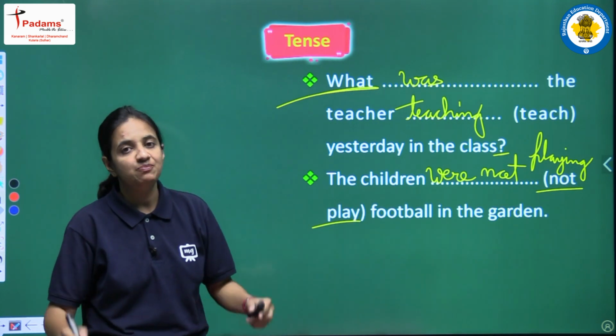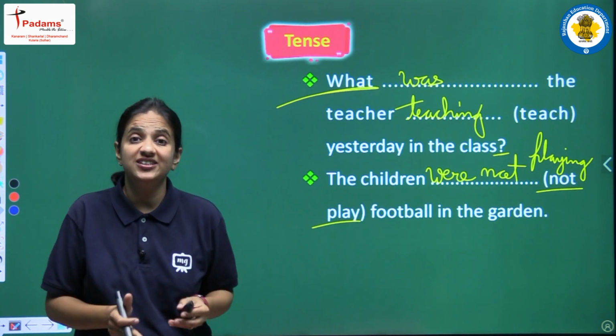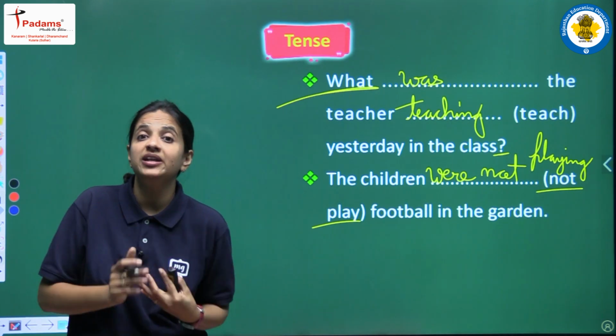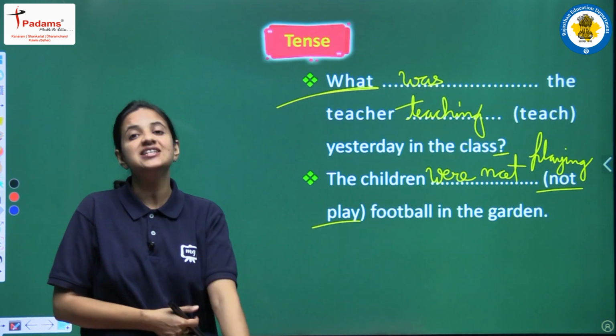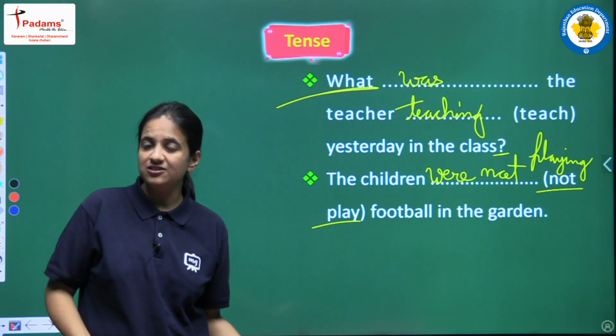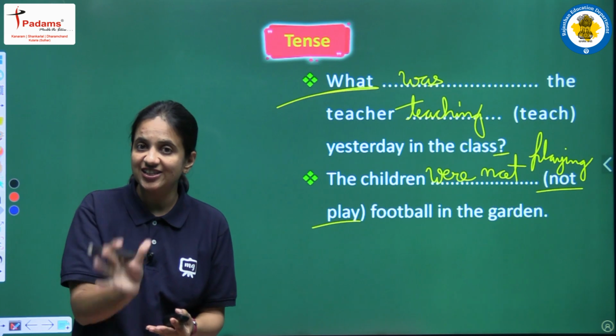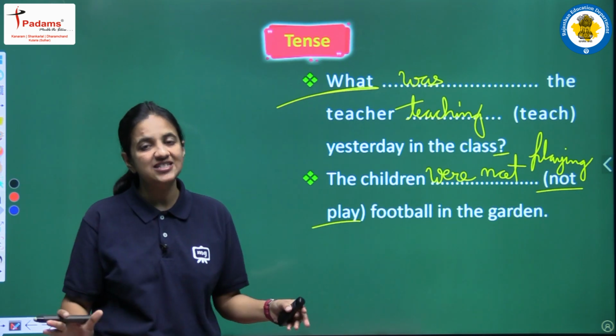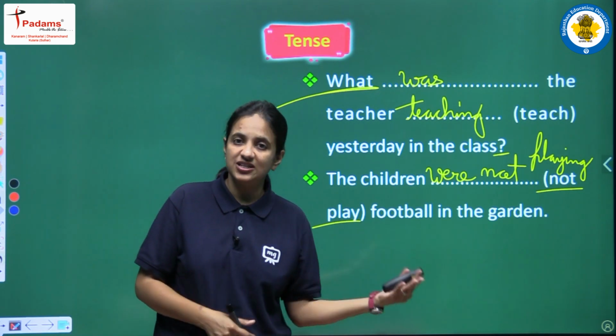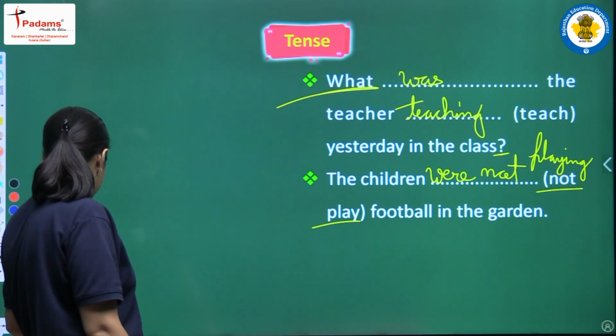Okay, so this is past continuous tense, and generally this tense is used in combination with past simple tense, and we have seen so many examples of this. We have seen so many sentences where we had one conjunction and two different clauses, and we have seen the other uses also. So now let's summarize all the things.